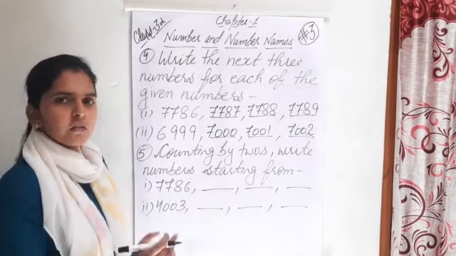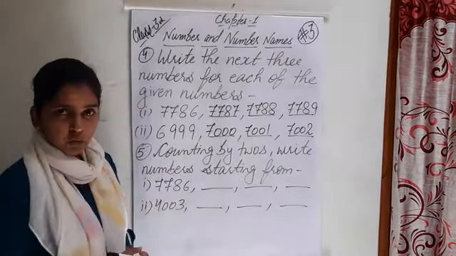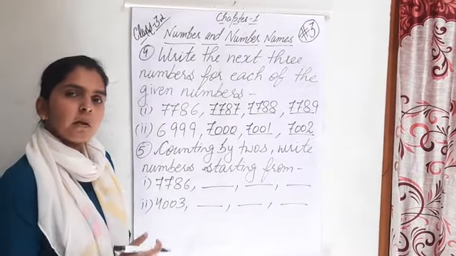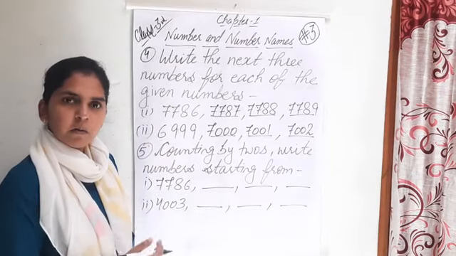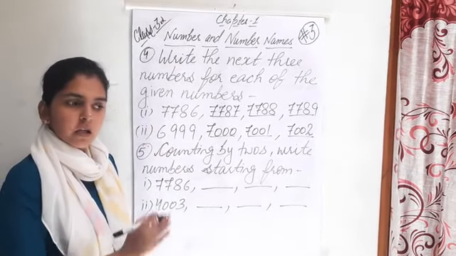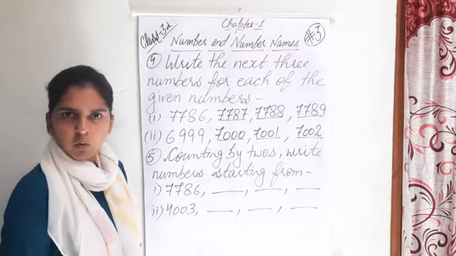If I start the number from 1, according to that question, counting by twos, my next number will be 1 plus 2, 3. And then next number will be 3 plus 2, 5. Similarly, 5 plus 2, 7. 7 plus 2, 9, and so on.